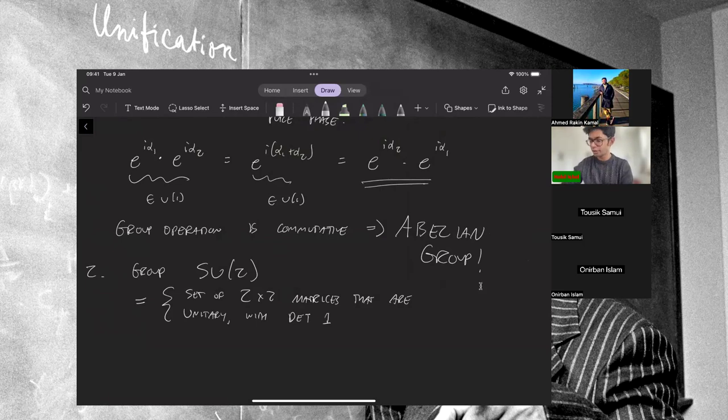Here the U stands for unitary, and S stands for special, and special means determinant is 1 in this case, okay? So this is a set of objects, 2 by 2 matrices that are unitary with determinant 1, all right?